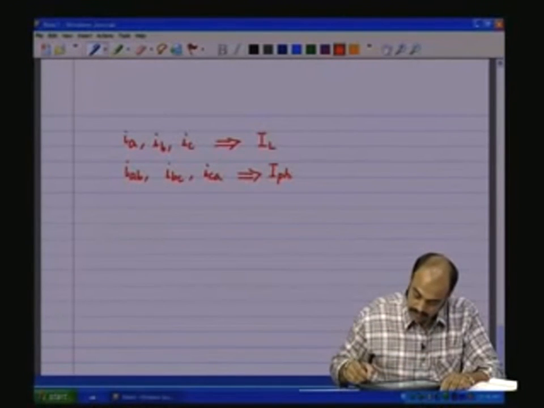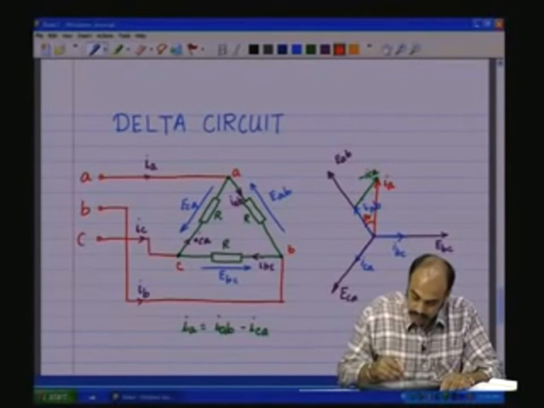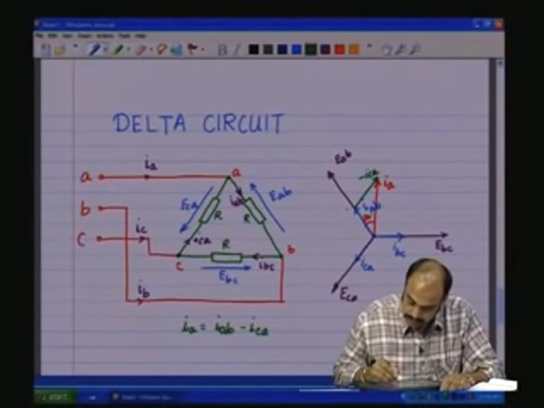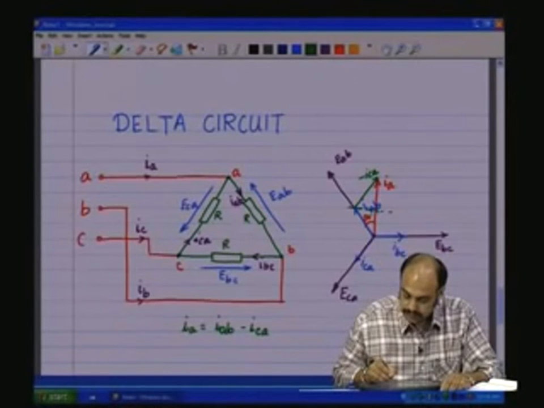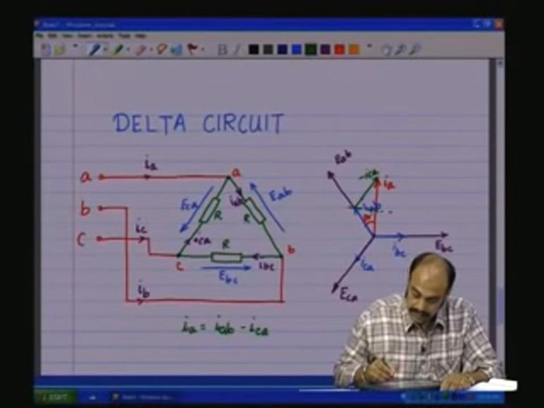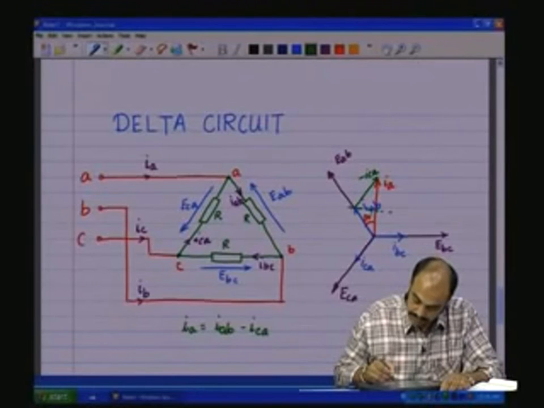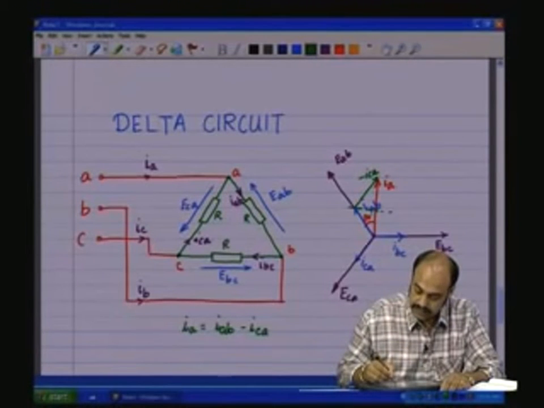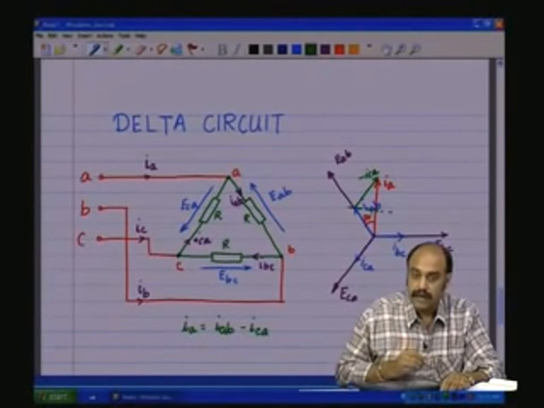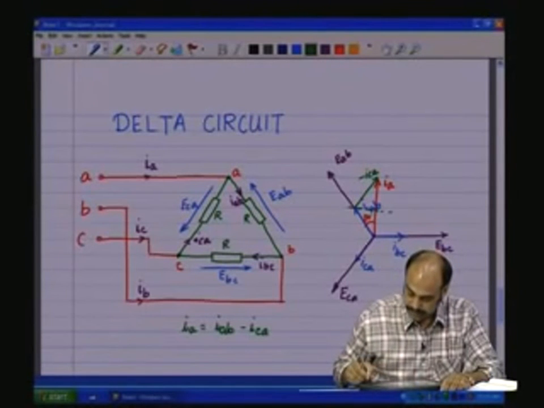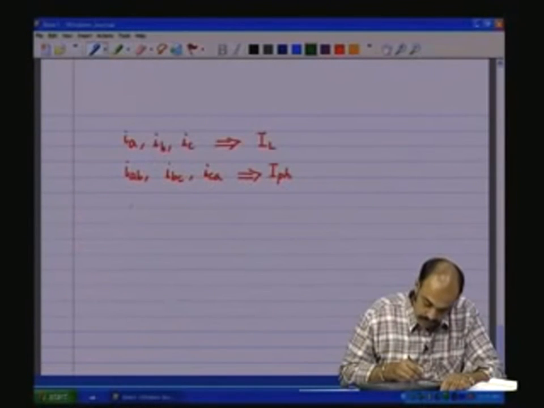Okay. And looking at the diagram, and if we draw the projections, you will see that IAB projection on this IA line and ICA amplitude projection on this IA line. So, you have I phase cos 30 and I phase cos 30. So, 2 times I phase cos 30 is added up to get IA amplitude. So, IA is nothing but the I line amplitude.